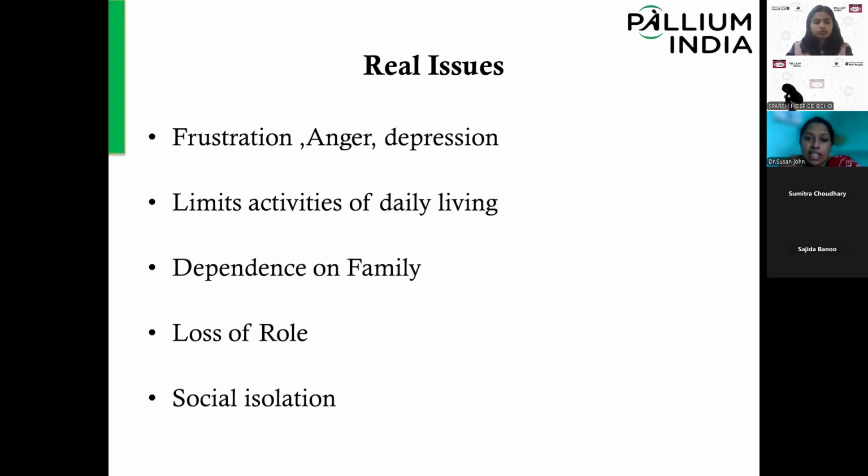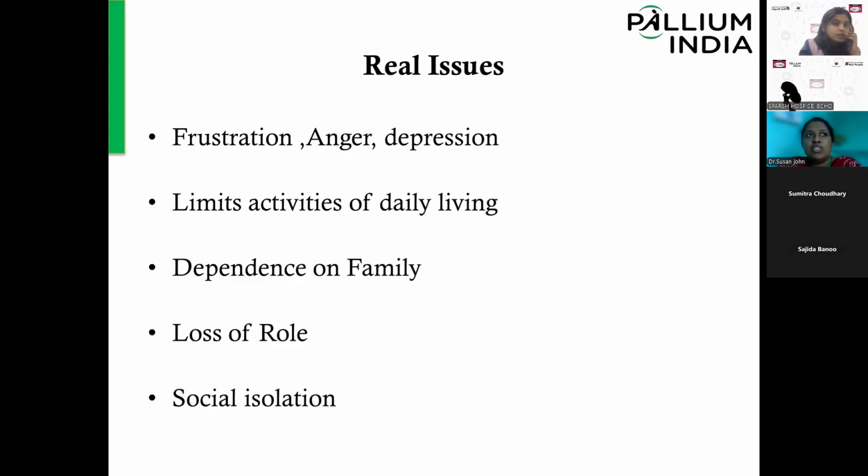These symptoms can limit the activities of daily living. The patient depends completely on the family. The patient needs support for everything: for bathing, for the washroom, for wearing clothes or having food. So the patient is completely dependent on the family, and there is loss of role in the family.